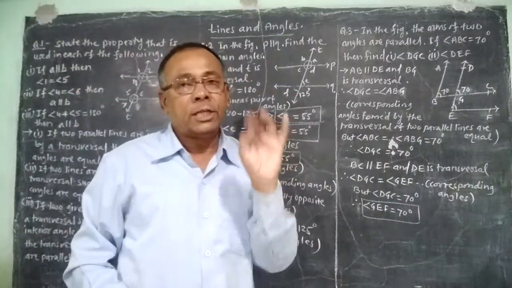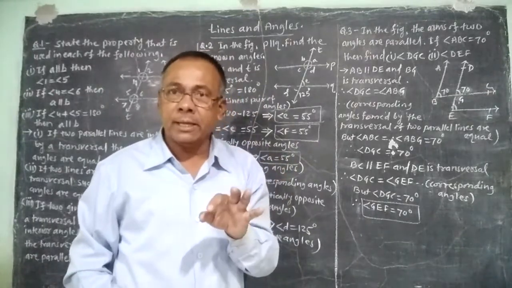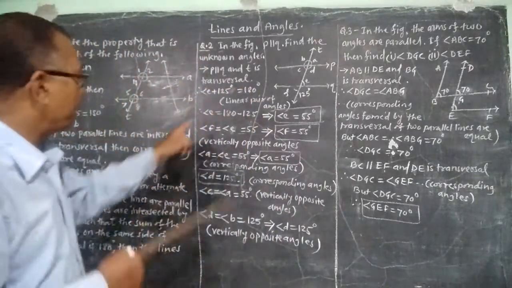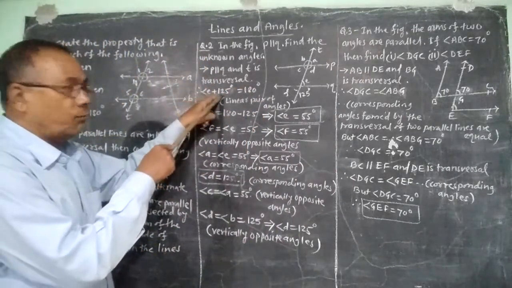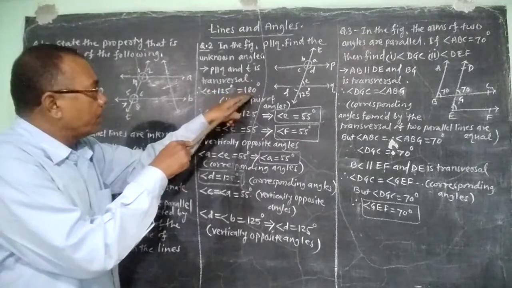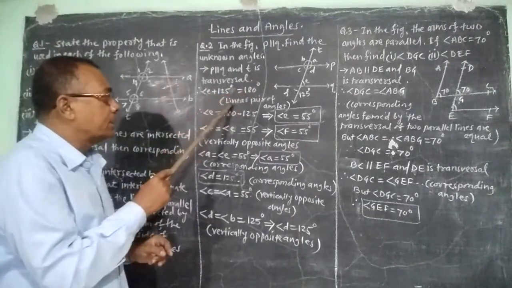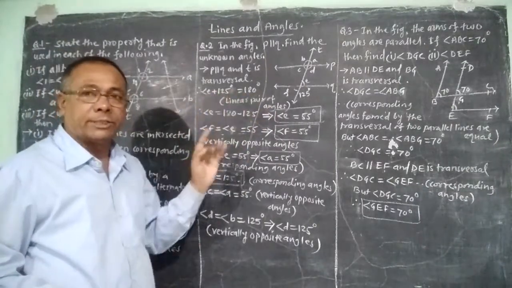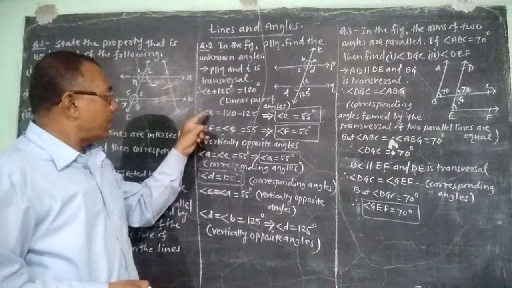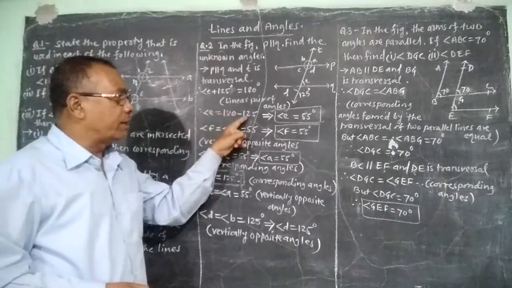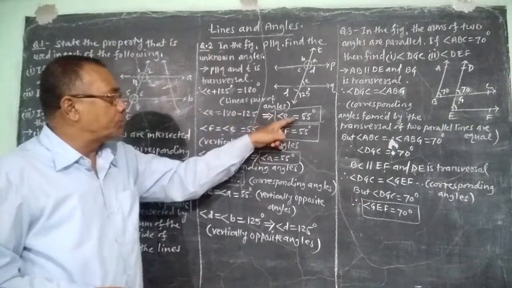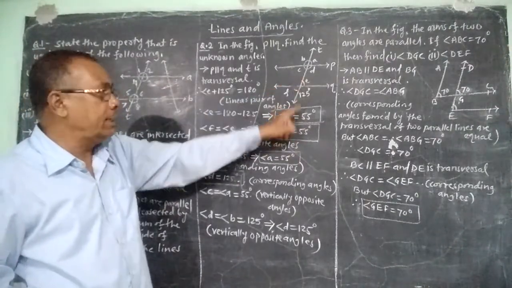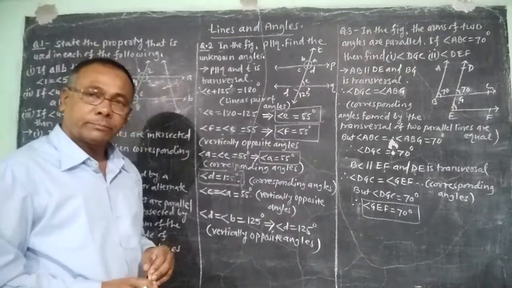And we know that linear pair of angles are always supplementary, means the sum of these two angles is always 180 degrees, and therefore angle E plus 125 is equal to 180 degrees, and the reason is linear pair of angles. Now if we transpose 125 to the right side, it becomes minus. So angle E is equal to 180 minus 125, which implies angle E is equal to 55 degrees. In this way we have found the measure of angle E, that is 55 degrees.